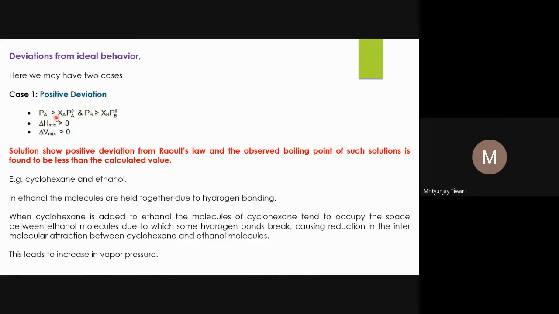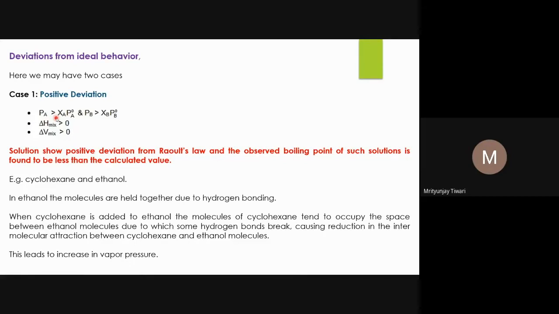And if the vapor pressure of the solution has increased, it means more and more molecules are already in the vapor phase even at lower temperature. Now we have to provide a lesser amount of heat to reach the vapor pressure equal to 1 atmospheric pressure. And that is why we say the boiling point has decreased.